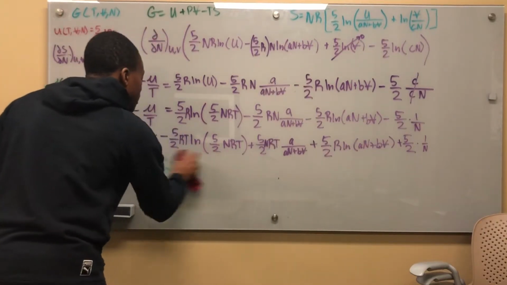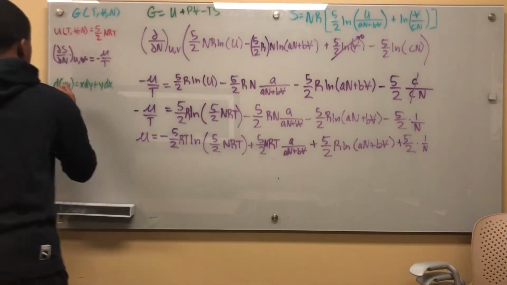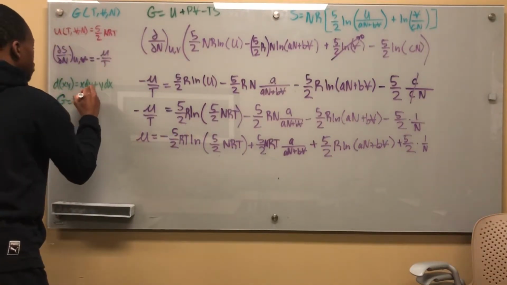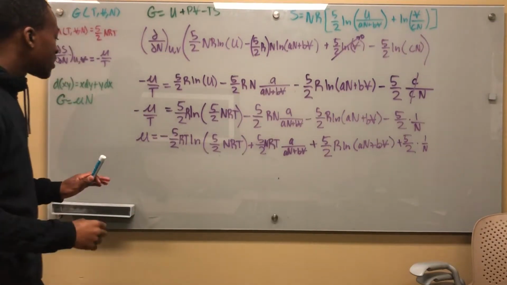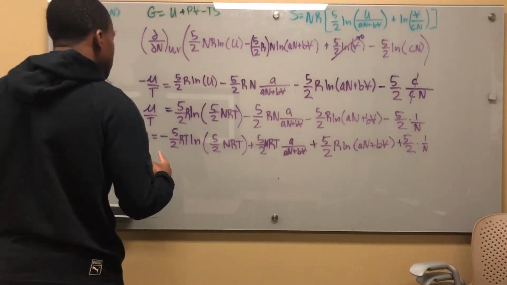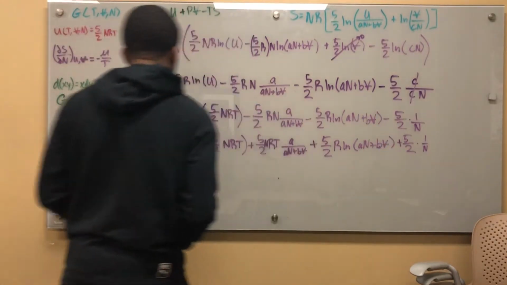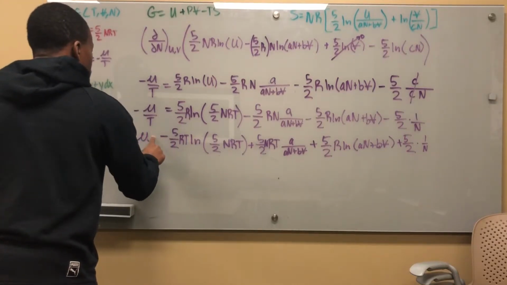So I'm going to write that by the side here, just so we have reference for it. G is equal to mu times N, okay? So if I want to solve for G now, I can literally just take this whole thing and multiply it by N. So mu is equal to this, right?